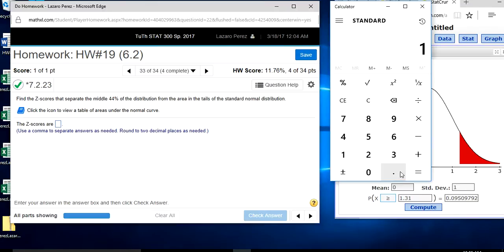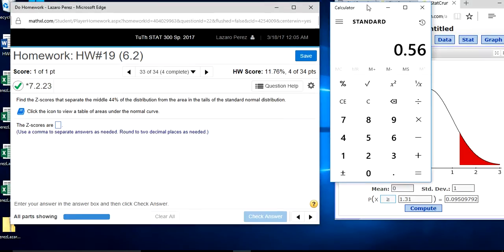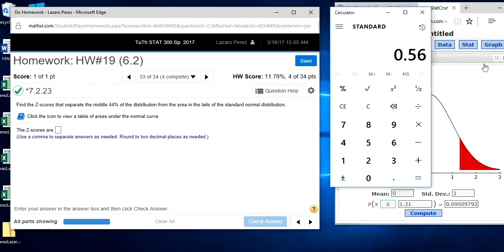It will be 1 minus 0.44, so 0.56. That's the two sides outside the middle.